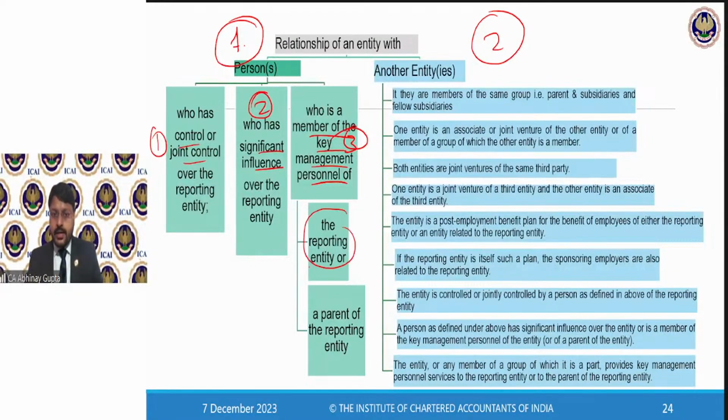And KMP of the reporting entity as well as KMP of the parent, which we have already discussed. So section 1 covers identifying the individuals who are related parties, and section 2 covers all the relationships with the entities. All these clauses are replicated here with examples for your quick revision in one page.